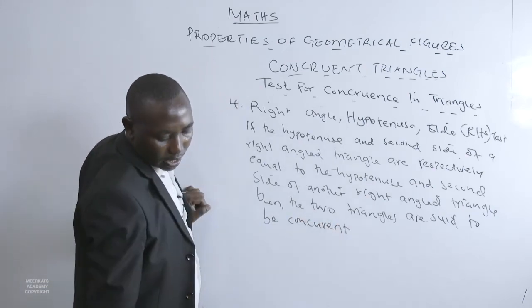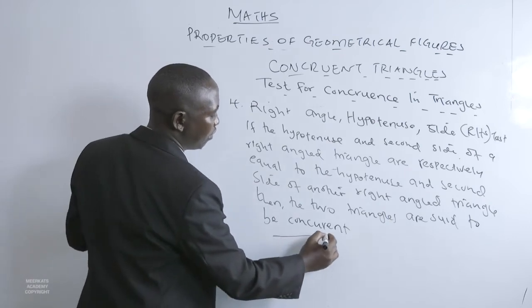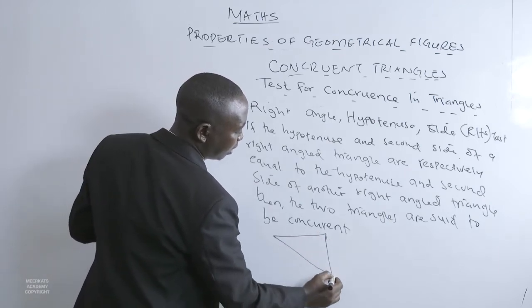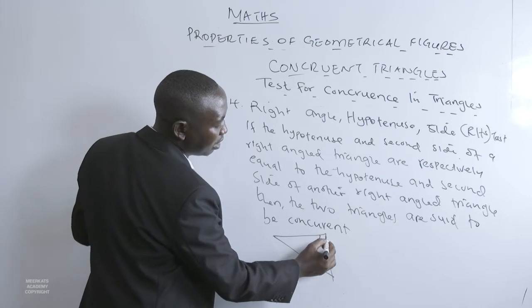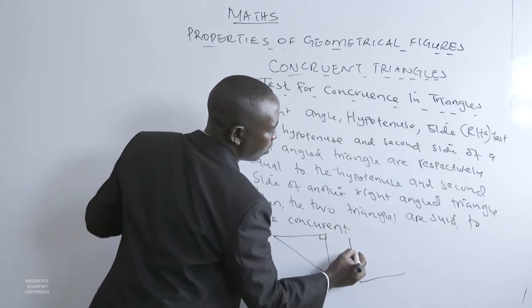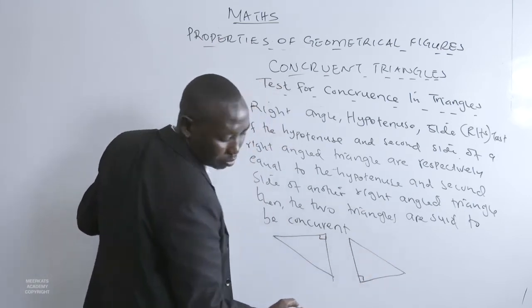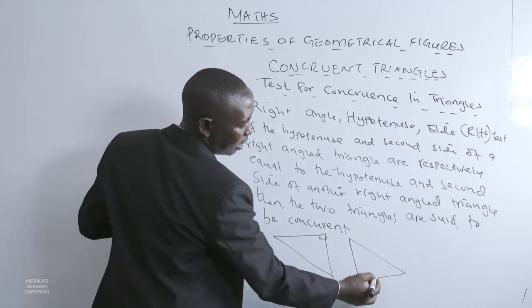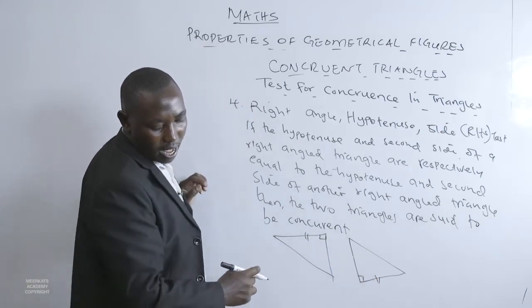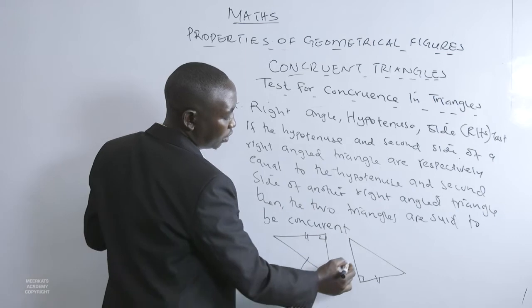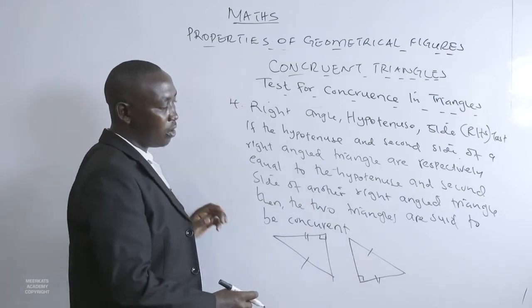So in this case, if we have such a right angle at this particular point, we have another one at this particular point, then this side is equal, and also the hypotenuse is equal.